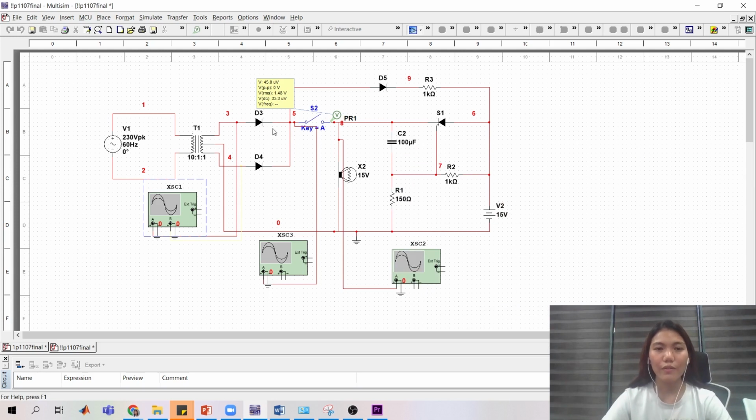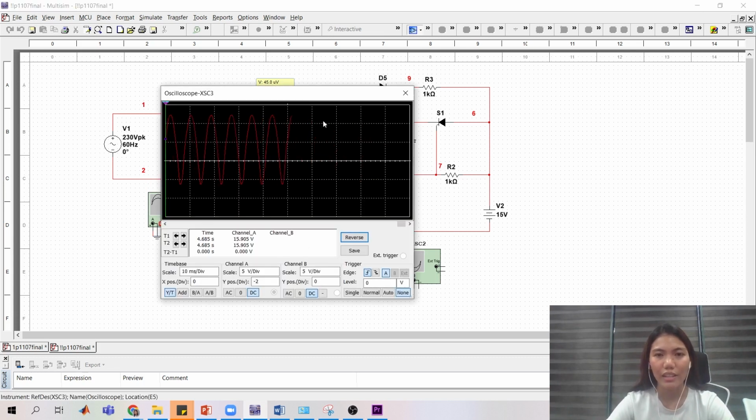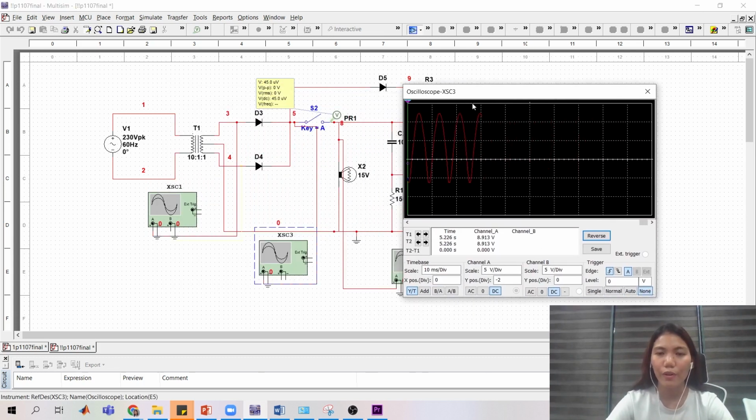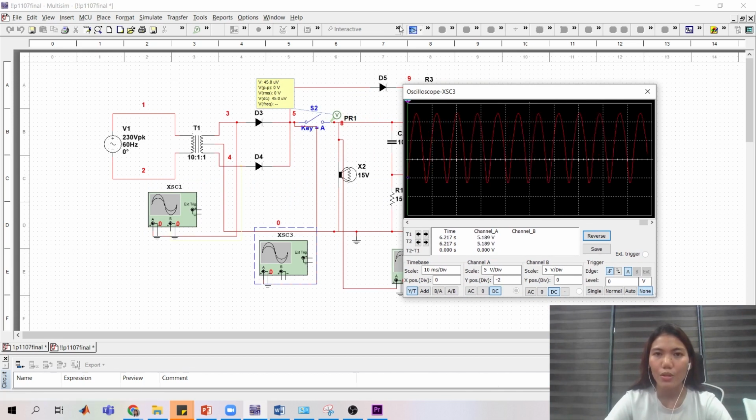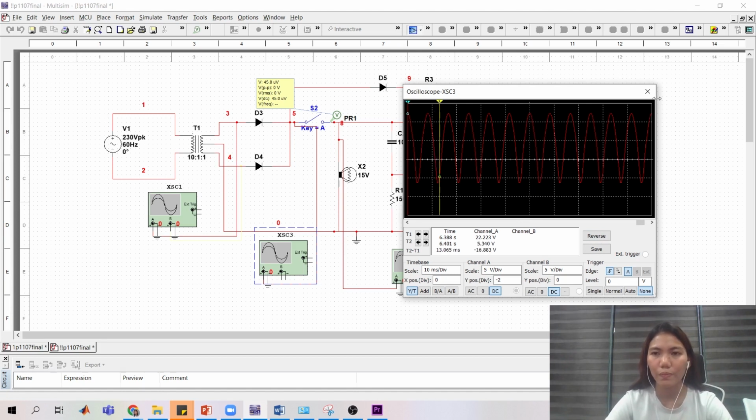When the positive cycle is applied, D3 will be forward biased, and when the negative cycle is applied, D4 will also be forward biased. This will result in a rectified AC voltage signal that is represented by the waveform from this oscilloscope. As we can see, it only has positive values but in a sine wave form.